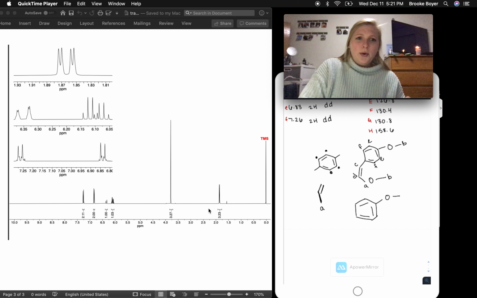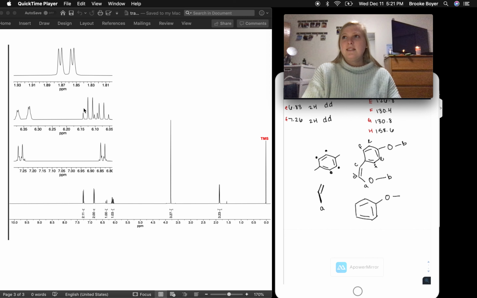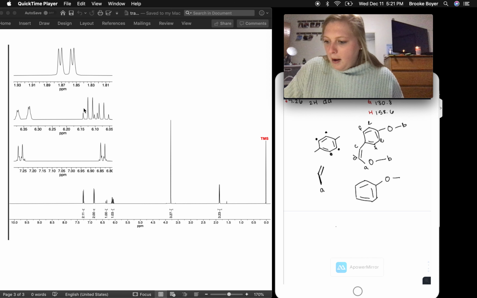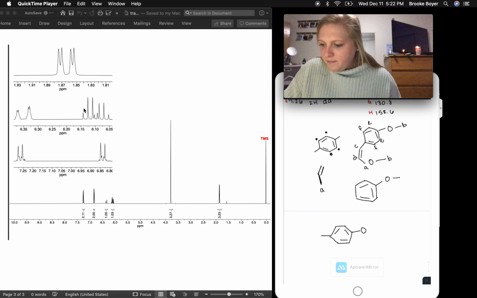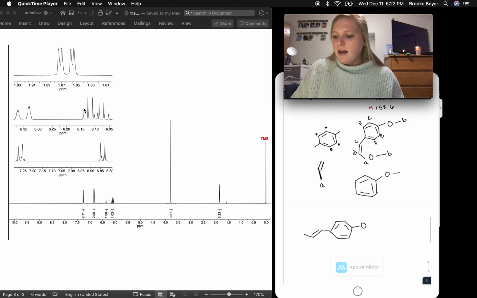The J value for C and D, JCD, is 15.8, which is around that 16 hertz range. So we are going to say it's trans. We can say that our compound is trans because of the 15.8 hertz for JCD.